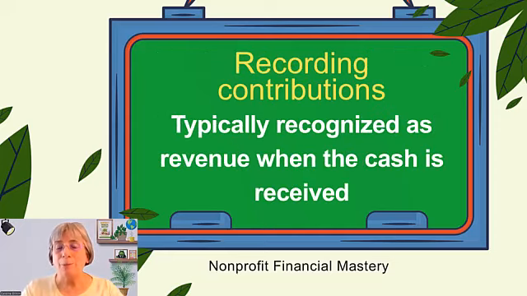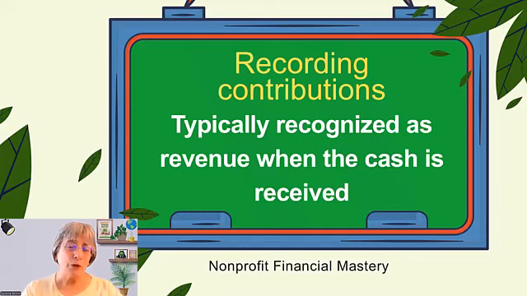Now, when we're talking about when to record revenue, it's really important that you check with your accountant about your particular nonprofit, because it's going to vary depending on what the basis of your accounting is. It could be cash basis, accrual basis, or modified cash basis. So check in with your accountant to make sure that you're recording this correctly.